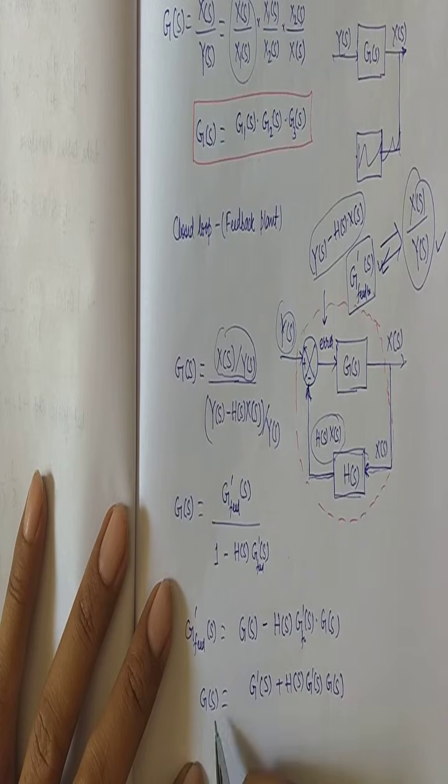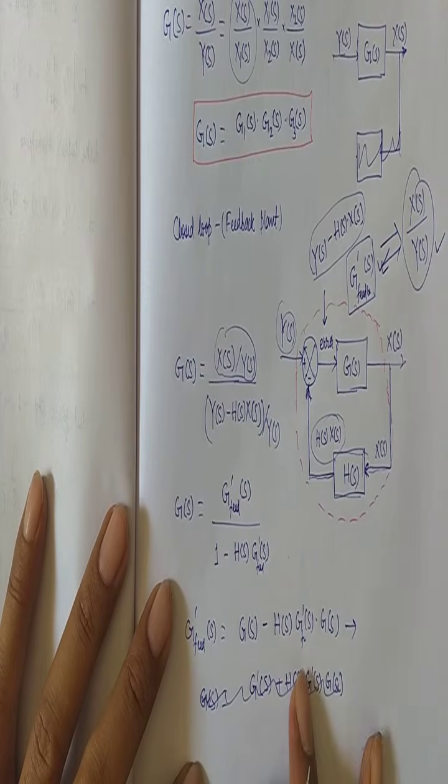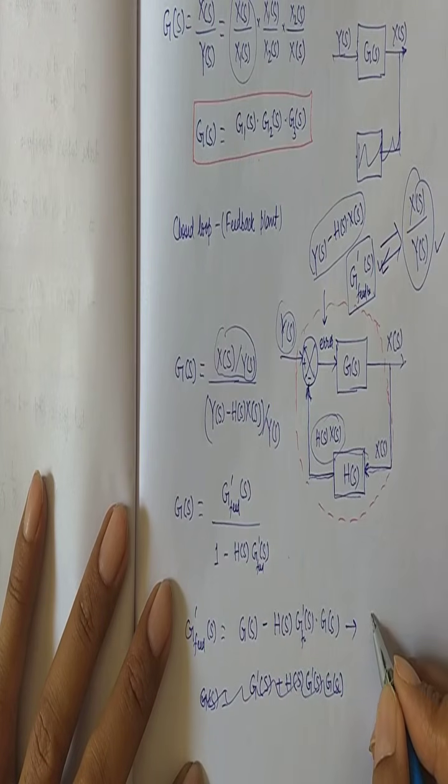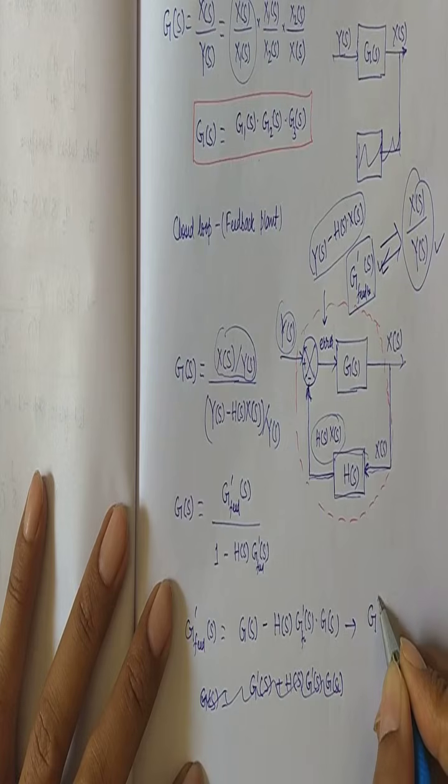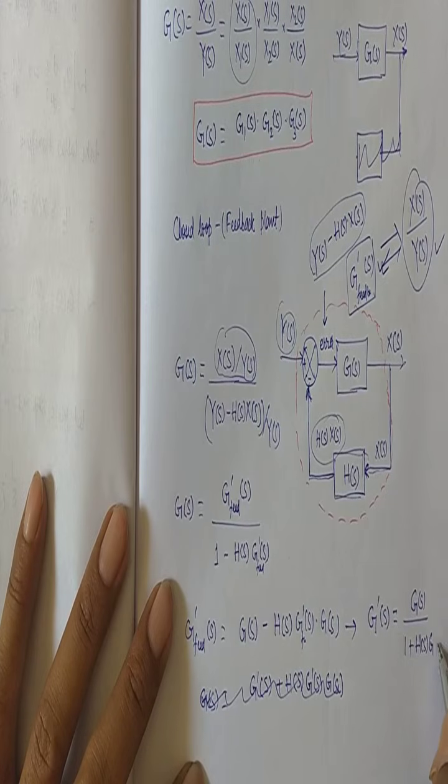So essentially, if you do the calculation, let me not go through the algebra. If you do it properly, you will get that G dash S is G upon 1 plus HS GS.